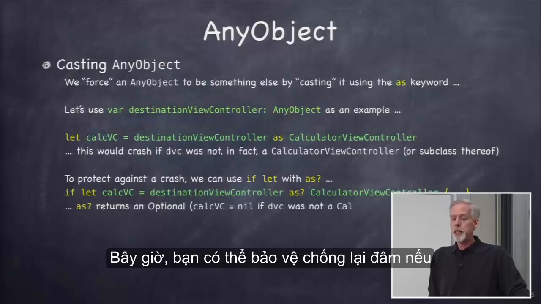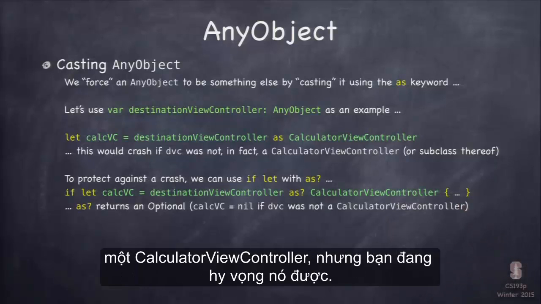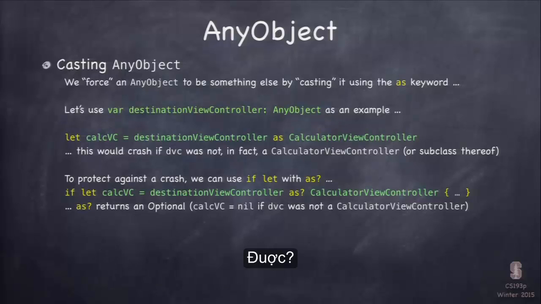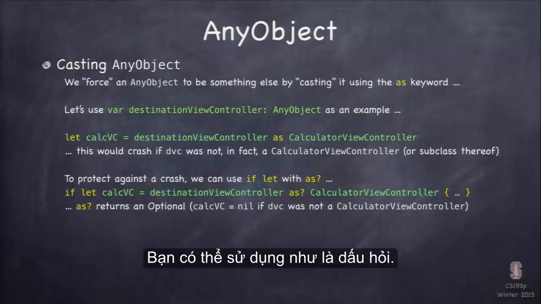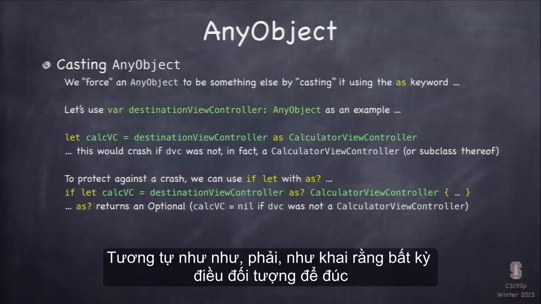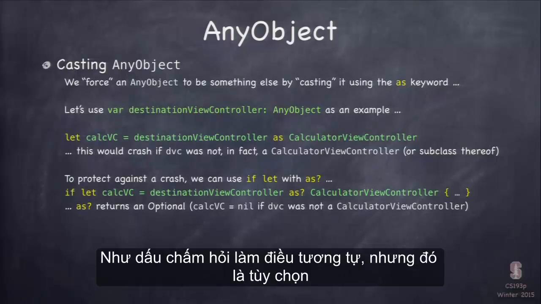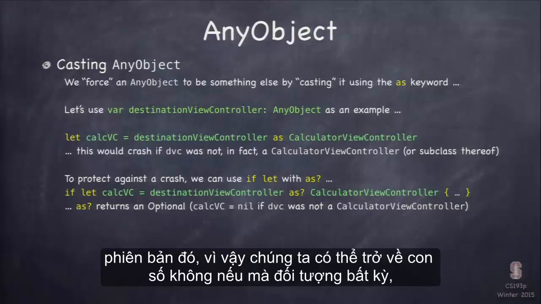Now, you can protect against crashing if you're not sure whether that destination view controller is a calculator view controller, but you're hoping it is, okay? You can use as question mark. And as question mark returns an optional. Same as, right? As returns that any object thing cast to be a different class. As question mark does the same thing, but it's the optional version of that.